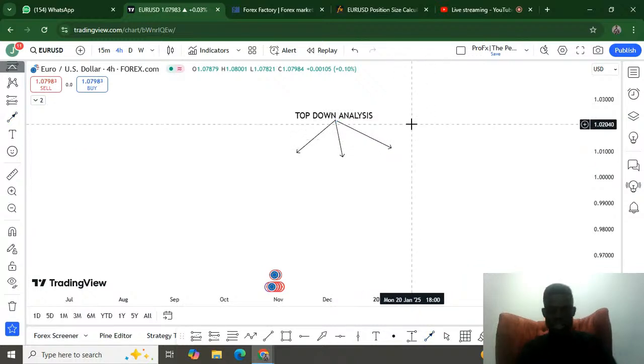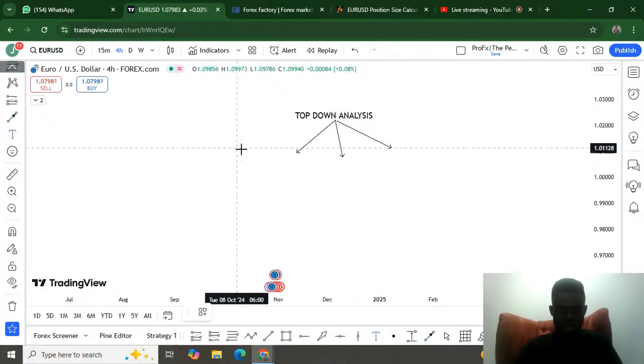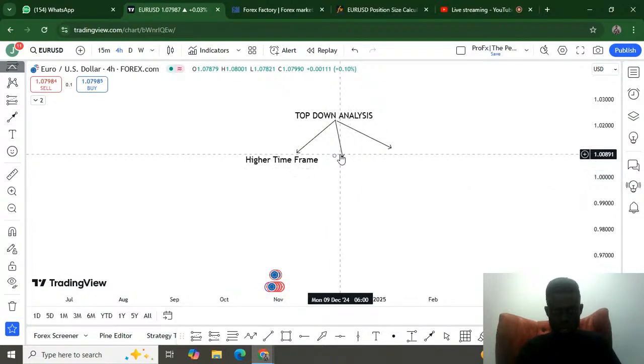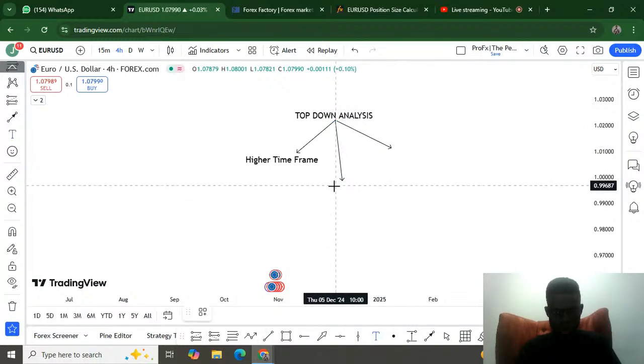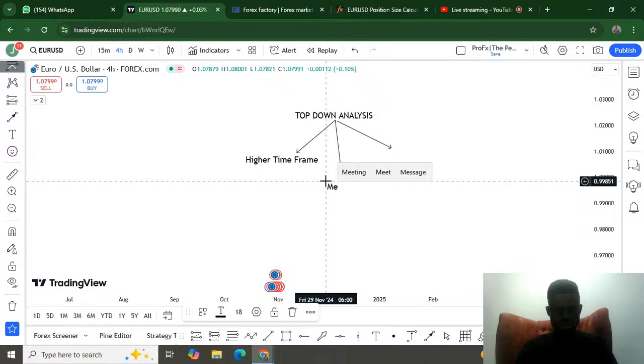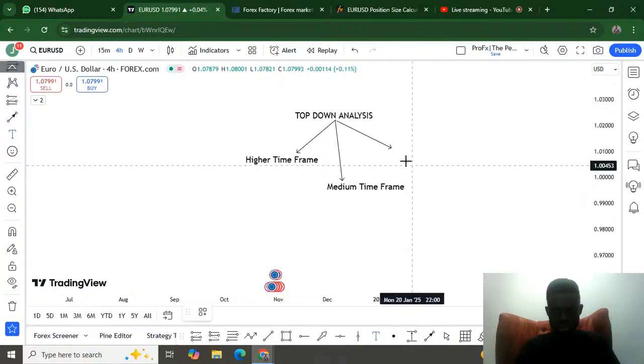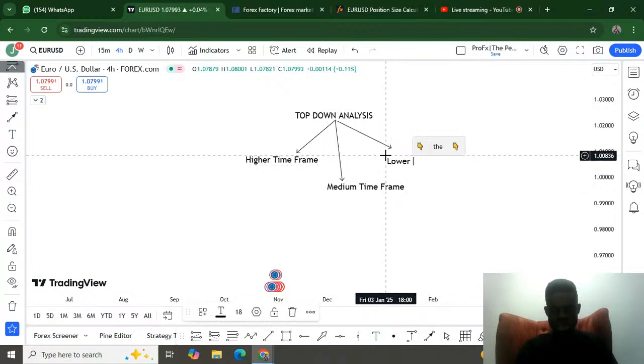For our top down analysis, we will need higher time frame, medium time frame, and lower time frame. That's the first thing we need to understand.